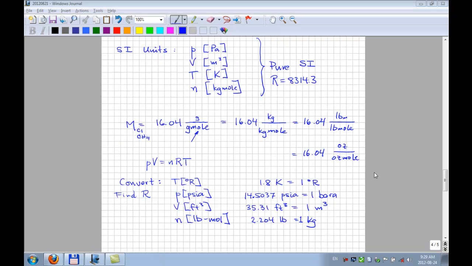So now we'll solve this problem of finding the real gas constant in field units, given that the gas constant in SI units is equal to 8314.3.